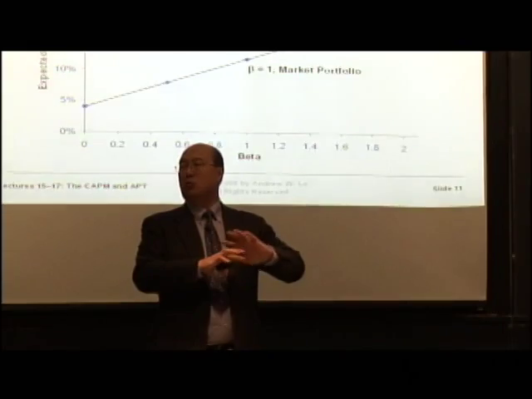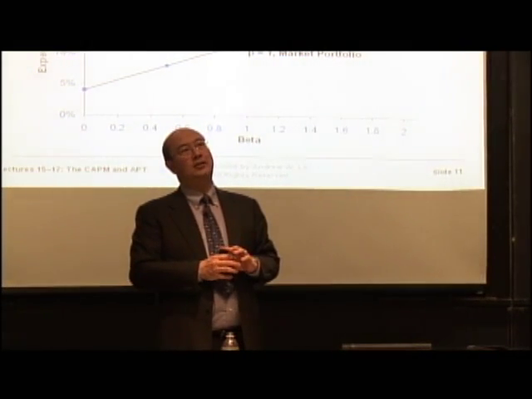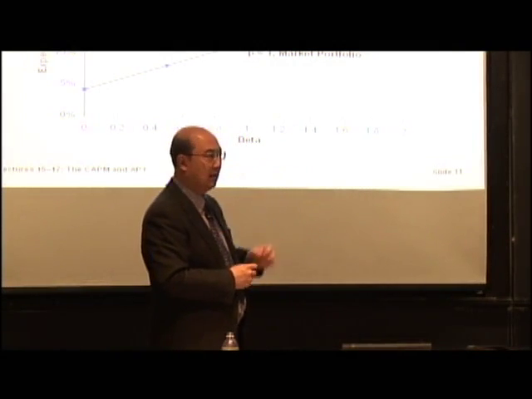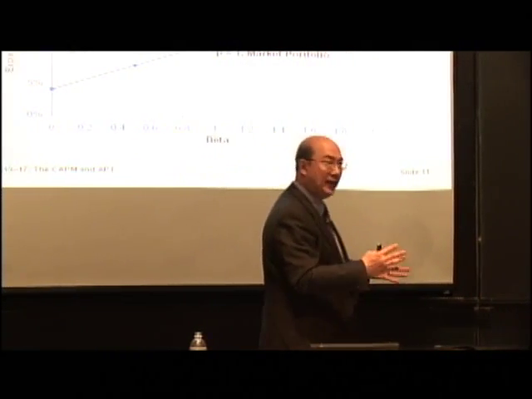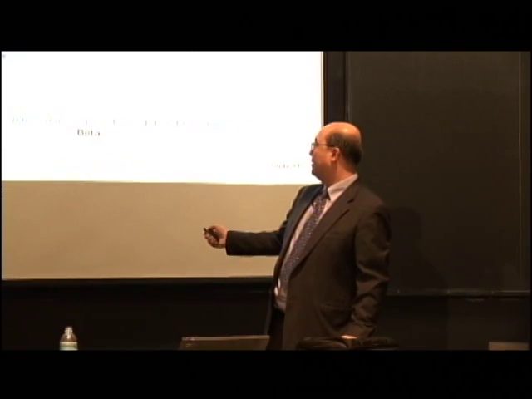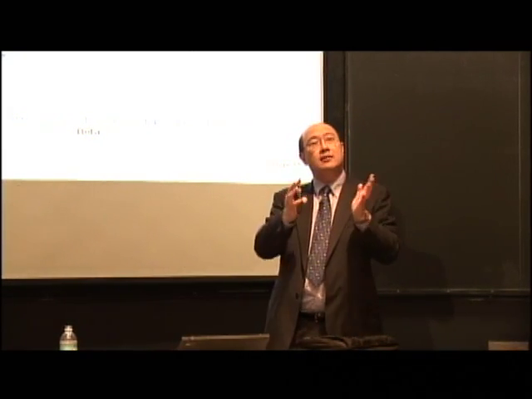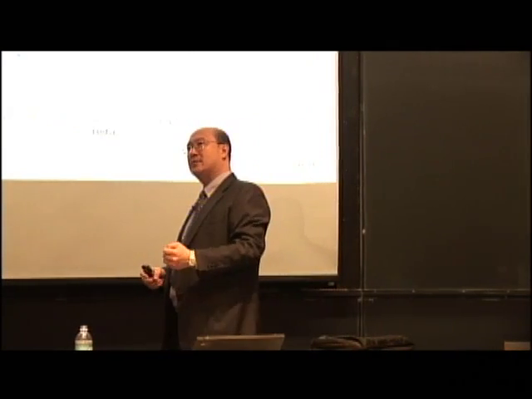If markets are working exactly the way they should, then you're on this line. You're always on this line. And if you're Warren Buffett, you're off of this line. You've got a very large positive alpha. So if you've got skill, if you can forecast markets, then you will do better than this.